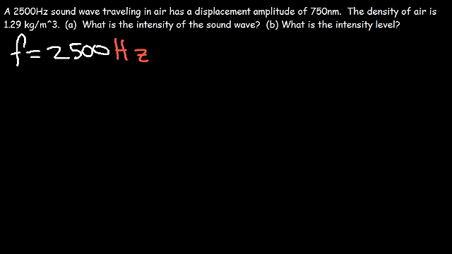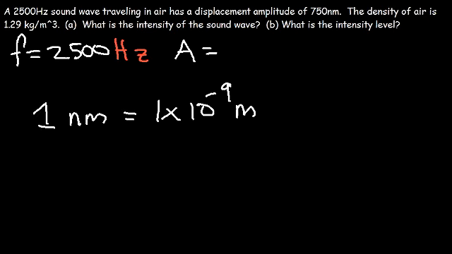We have the amplitude. It's 750 nanometers. But to use the equation, we need to convert it to meters. 1 nanometer is equal to 1 times 10 to the minus 9 meters. So the amplitude is simply 750 times 10 to the minus 9 meters.